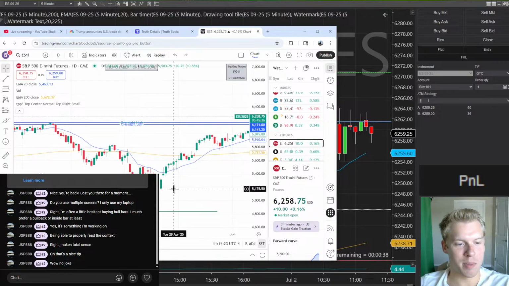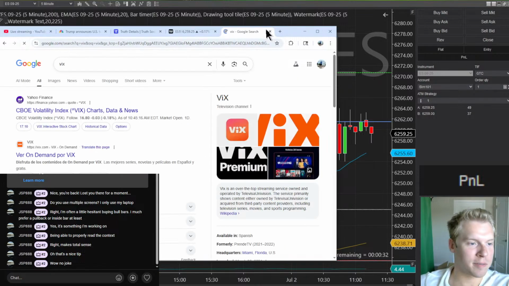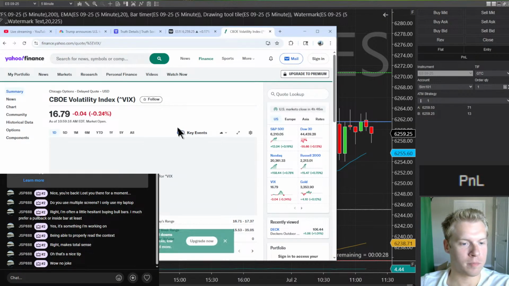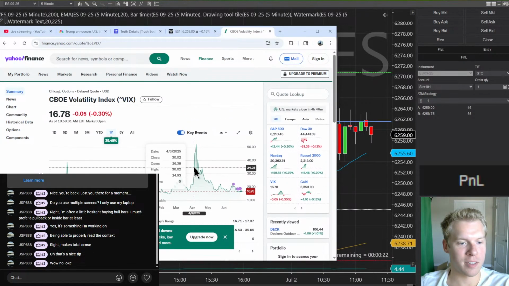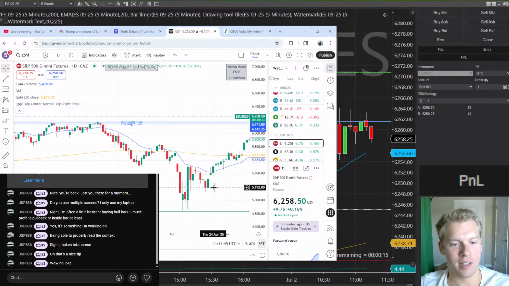Historically, when the VIX gets above 35, that means the market's gotten very oversold or too oversold. Let me pull up the VIX. So here was where the VIX got above 35, and you can go back and check your charts anytime you see that.